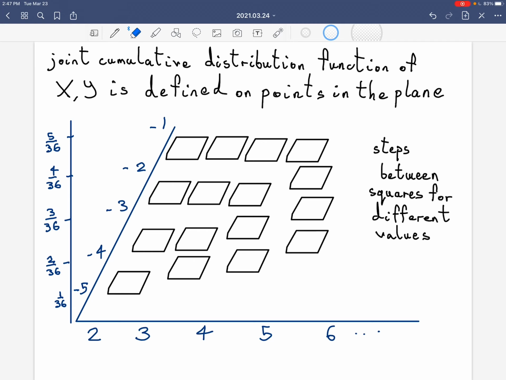The joint cumulative distribution function looks like a higher dimensional analog of a step function.